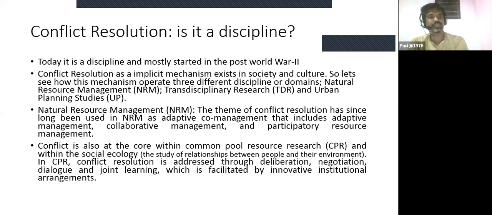And within the social ecology, social ecology means the study of relationship between people and their environment. In common pool resource research, conflict resolution is addressed through deliberation, negotiation, dialogue, and joint learning, which is facilitated by innovative institutional arrangements.